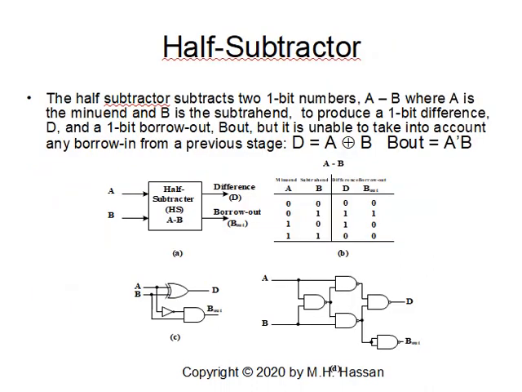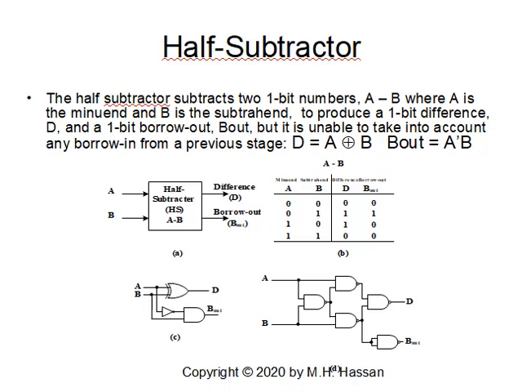What's a subtractor? A subtractor is a device, a combinational network that subtracts 2 numbers, a minus b, where a is the minuend and b is the subtrahend, to produce the output, which is the difference between a and b.